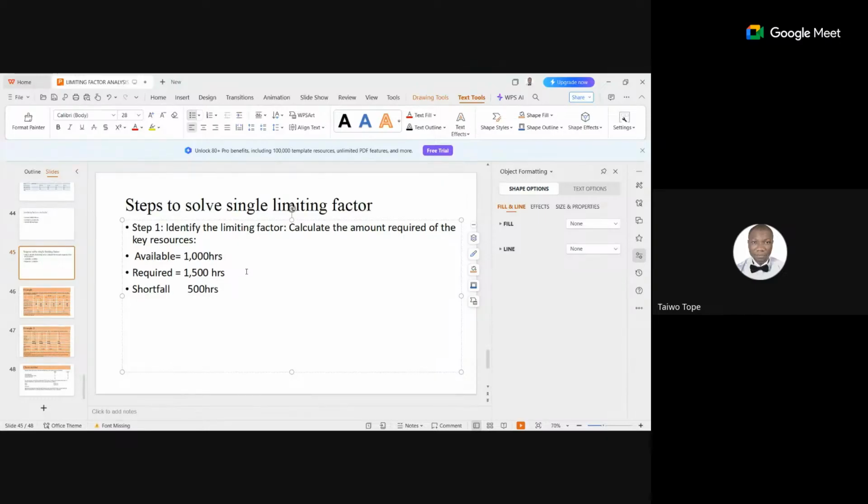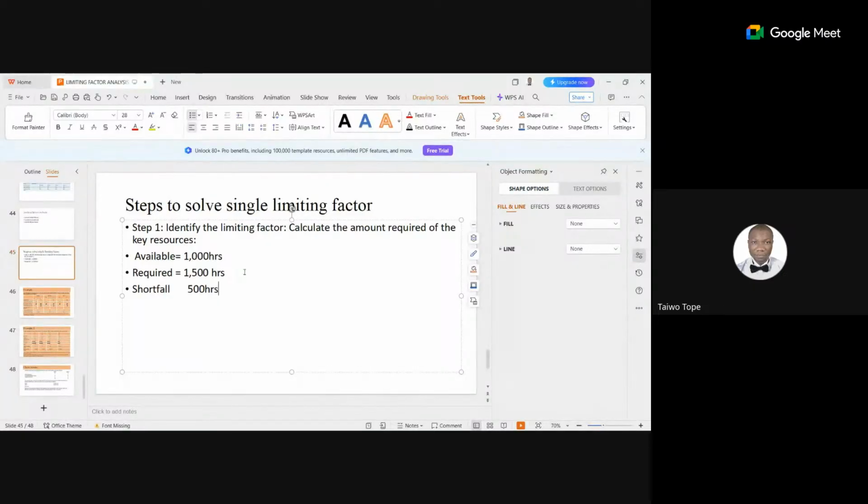So when we want to produce now, we'll need to see which product will give us the highest contribution in relation to labor hours. So the first step is for us to identify if there is actually a limiting factor. And how do you do that? You determine the available hours given to you in the question.